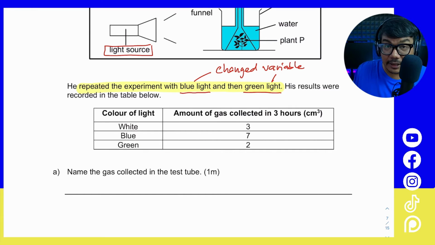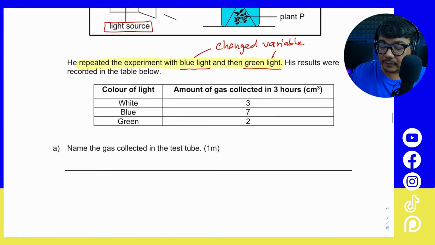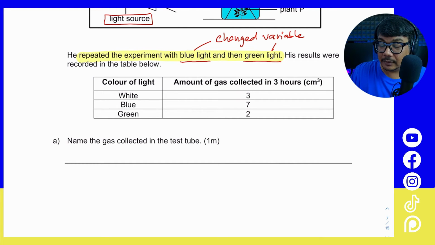The concept here is still the same: it is about how light affects photosynthesis. Let's take a look at the table. For white light, the amount of gas collected is 3 cubic centimeters, for blue light it is 7 cubic centimeters, and for green light it is 2 cubic centimeters.